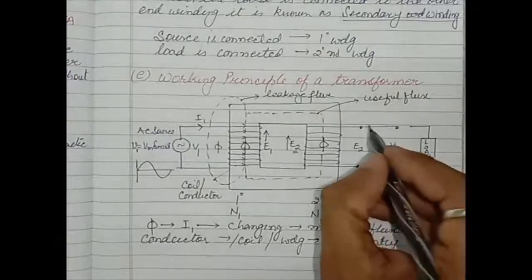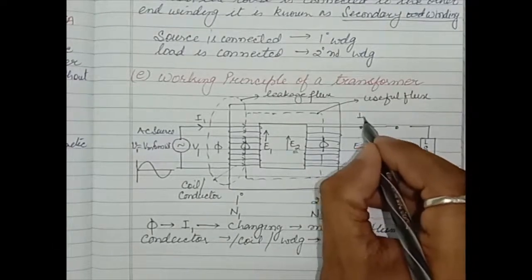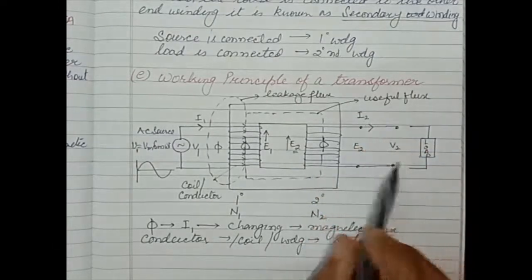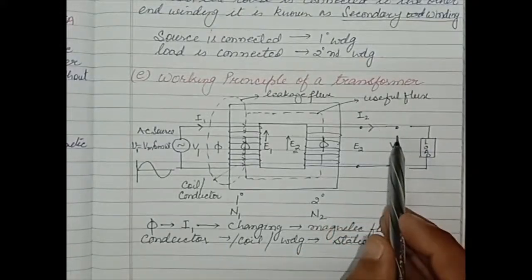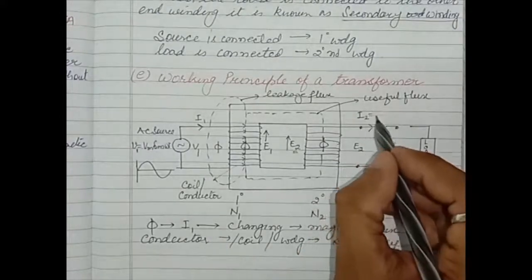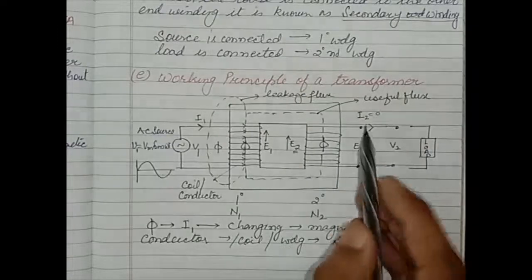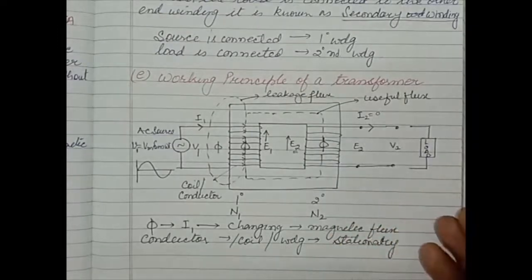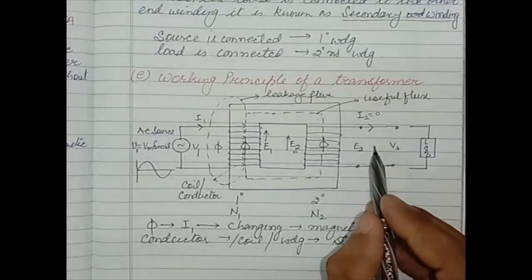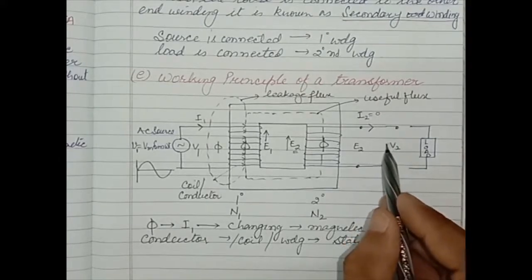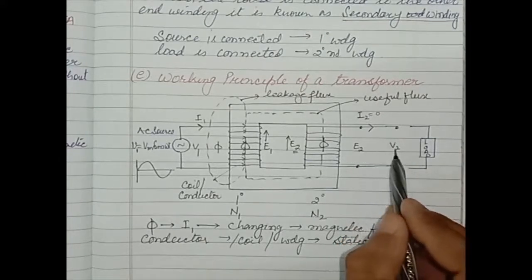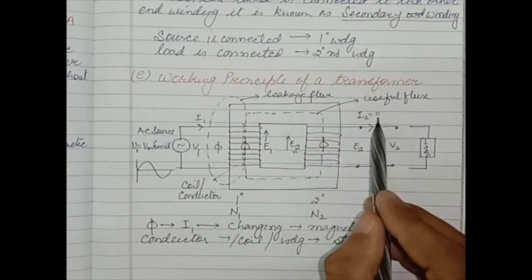And the current flowing through this circuit, I2, when no load is connected, is 0, because the load is not connected. So at no load, E2 is equal to V2, whereas I2 is equal to 0.